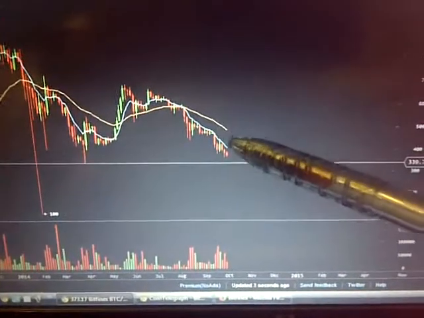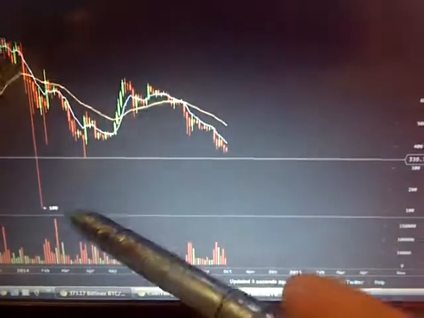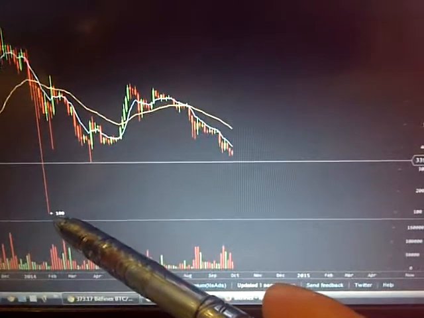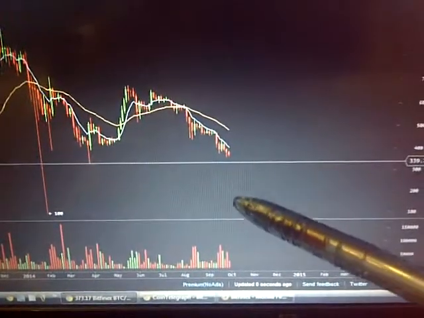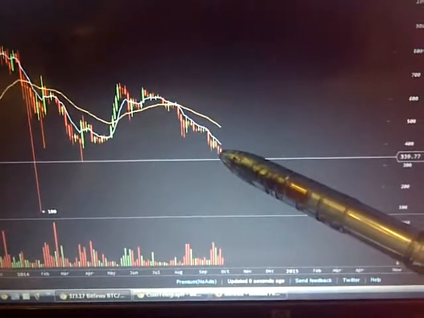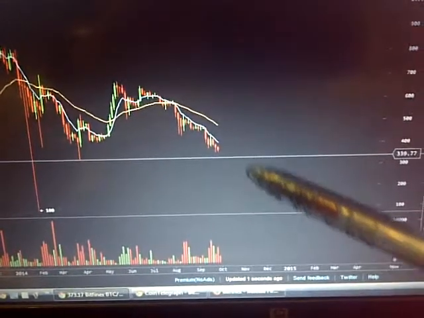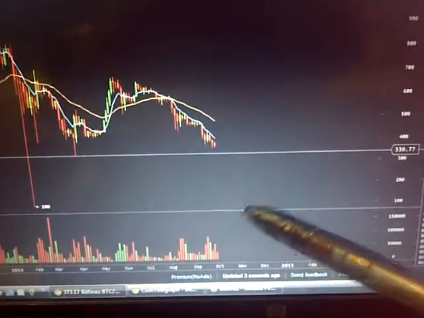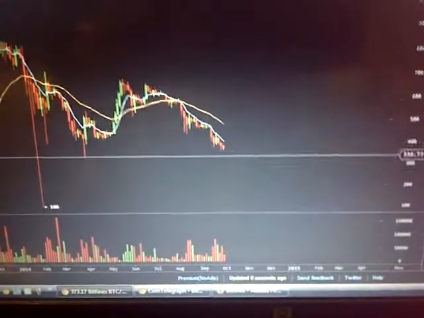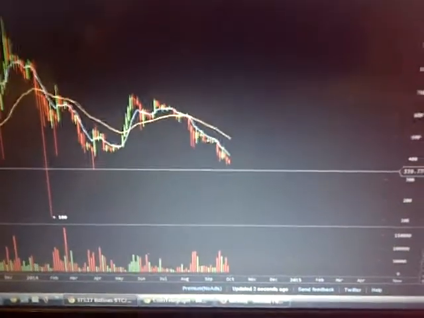But if it breaks below that line, that's going to be your next $100. So it's going to drop here. If it breaks it, it may drop in around here in this zone down to almost near $100. So those are some things you got to watch out for.